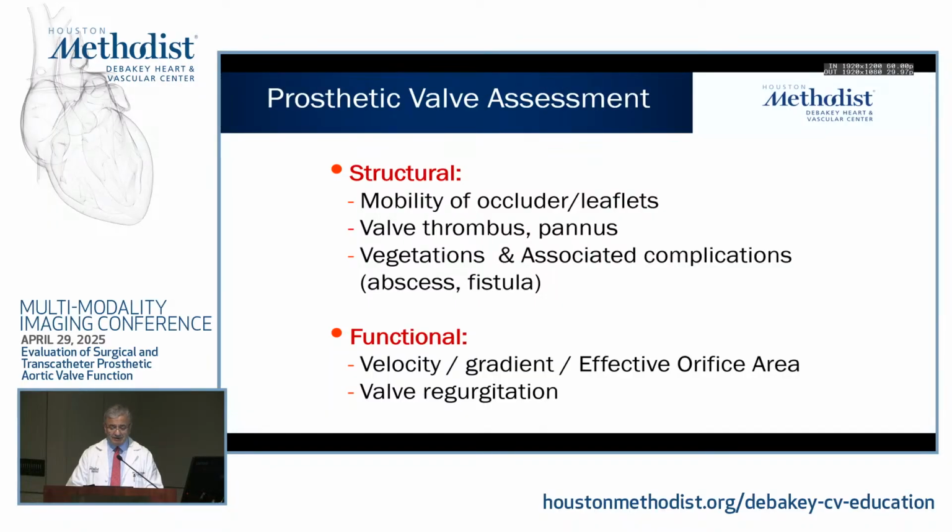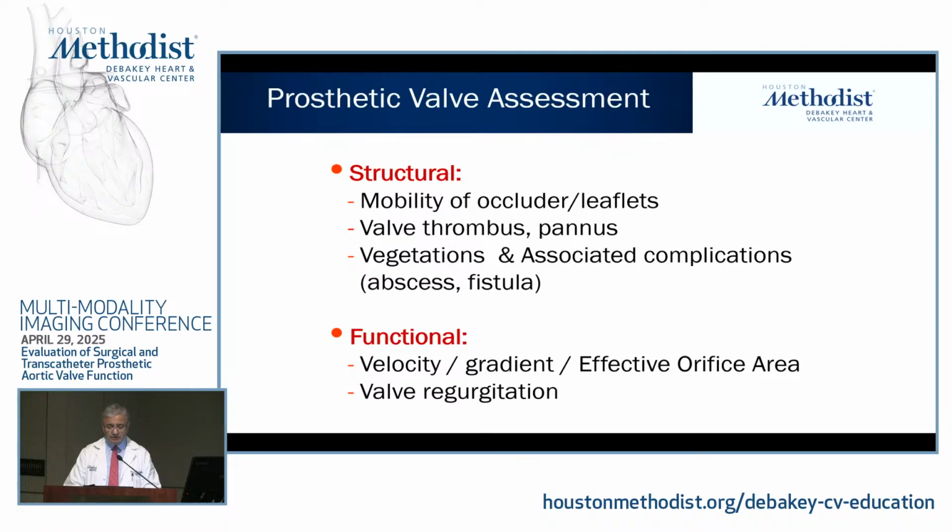From a functional point of view, we look at stenosis or regurgitation. So these are the two areas that we will always look at. Is the velocity and gradient normal for that particular prosthesis? What is the effective orifice area? Yes, you can measure, particularly with CT or TEE, or even MRI, an anatomic valve area in biological valves.